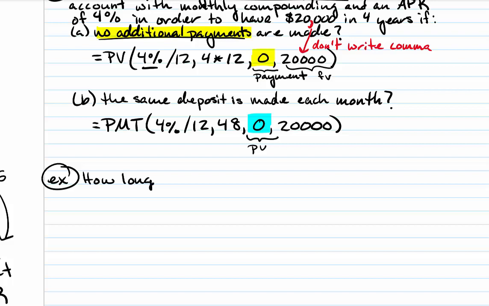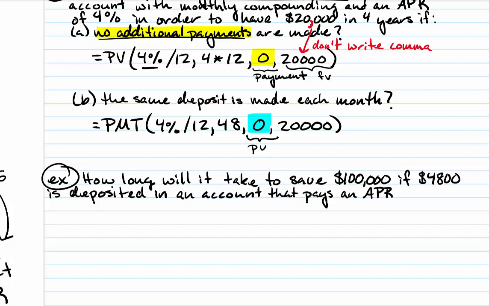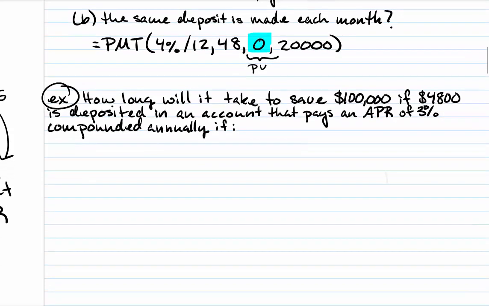How long will it take to save $100,000? That's a lot. If $4,800 is deposited in an account that pays an APR of 3%, compounded annually this time, once again, I have a couple of different scenarios to show you.